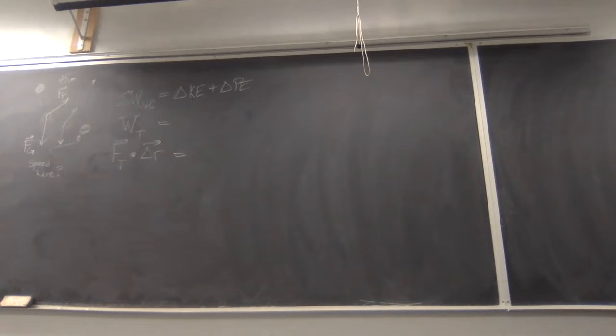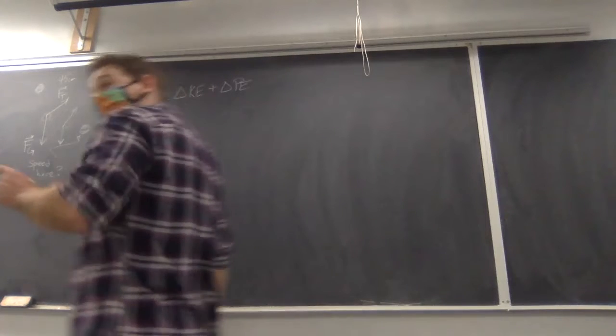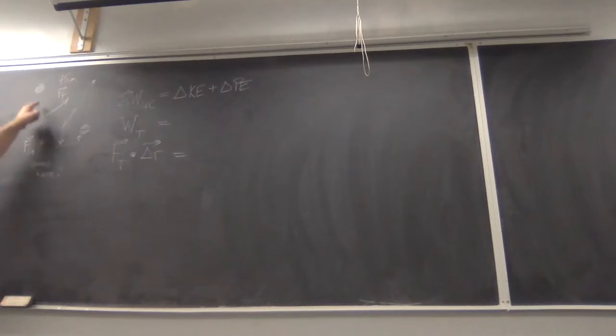The great thing about tension in this situation is that no matter where we are on this circular path, the tension points from the circle to the connection point, to where I'm holding the lanyard. Tension is directed radially, along the radius of this circle.